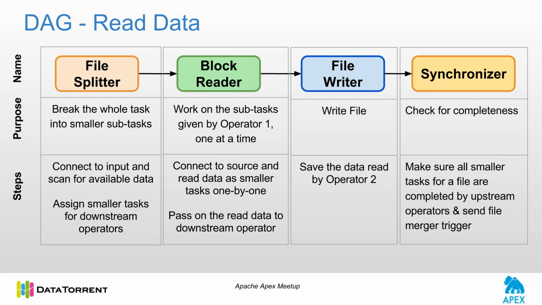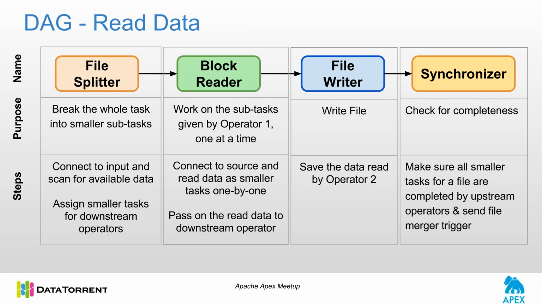So now we have an additional component called the synchronizer. The task of the synchronizer is to check for completeness. What we have relaxed is that the block reader can read things in parallel. And we save the intermediate blocks that are read by the block reader using the file writer.